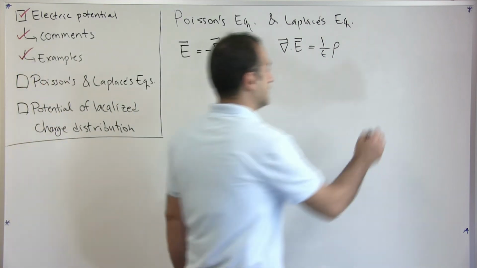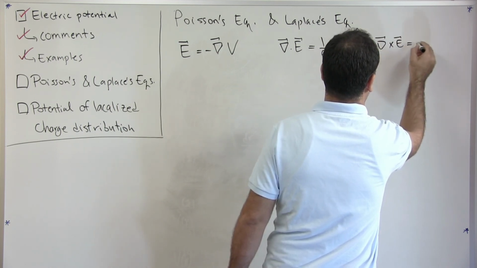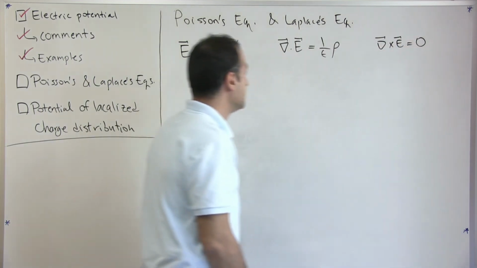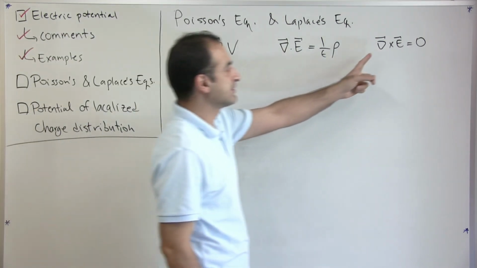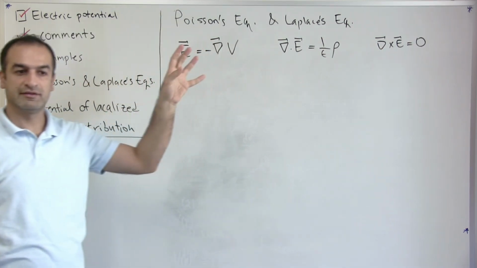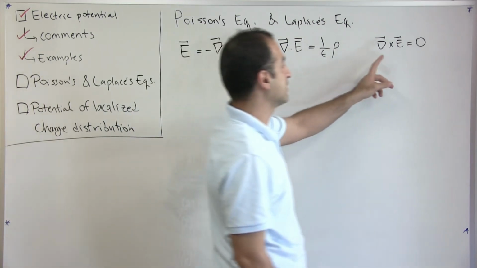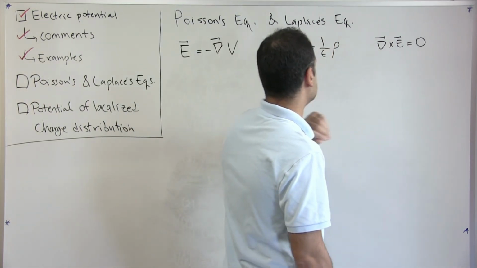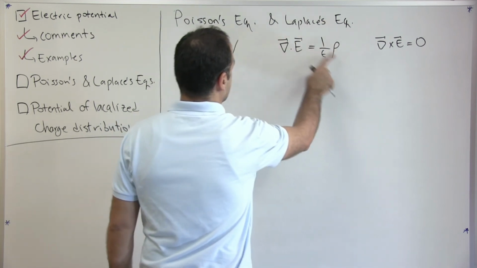And we also had the relationship that the curl of E is 0. With this definition, the second equation is always taken care of. If you define the electric field as the gradient of a function, as I said a couple of times already, the curl is always 0. So we don't need to worry about this.